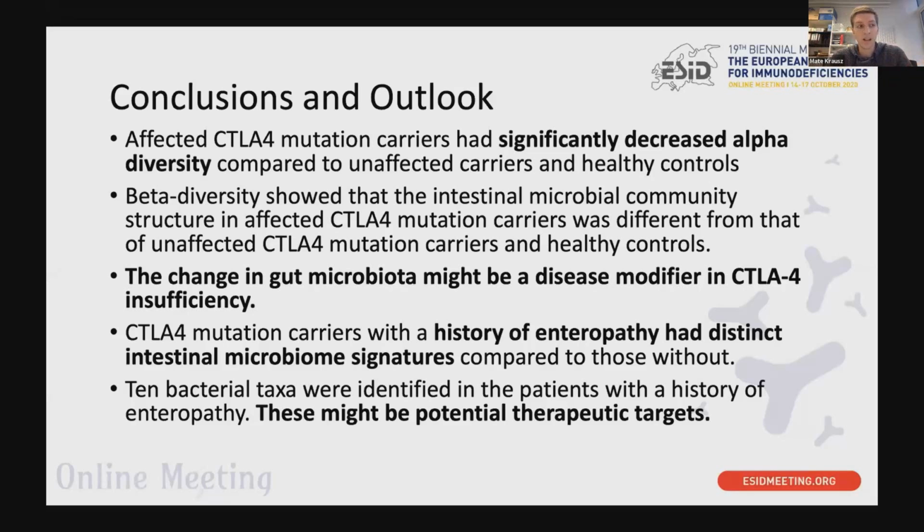On the other side, we are currently analyzing more samples longitudinally, with or without treatment, especially looking at treatment with abatacept, which is a specific treatment for CTLA4 deficiency. And this might answer a bit about this question.